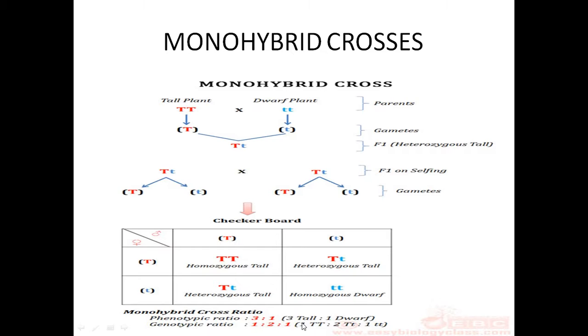Phenotypically 3 are tall and 1 is dwarf. So the phenotypic ratio will become 3:1 and the genotypic ratio will become 1:2:1. So this is about the monohybrid cross.